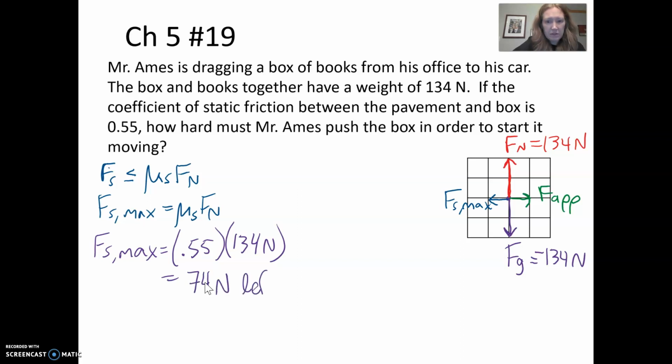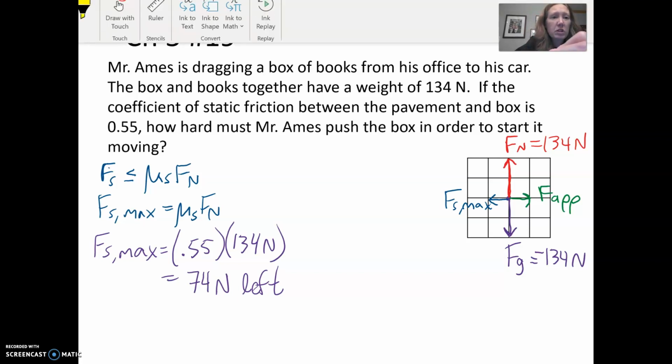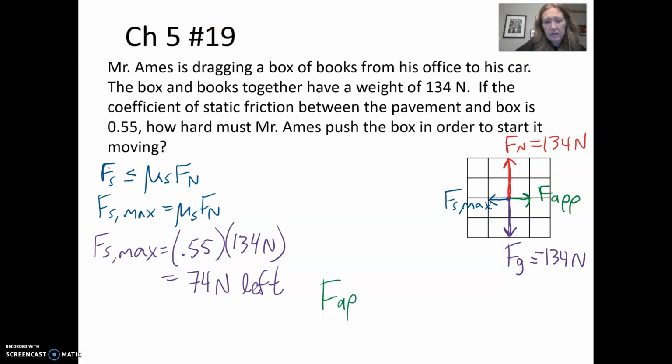That's left. Okay. So then Mr. Ames just needs to push with any force greater than 74 newtons, because then the box will start to move. Okay.